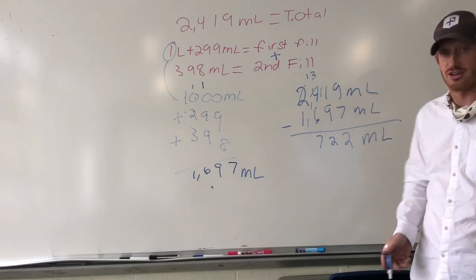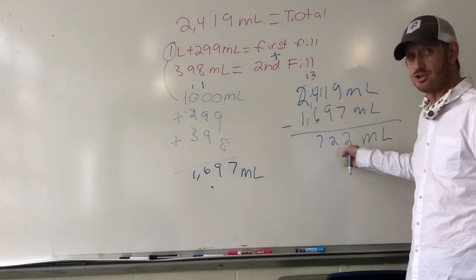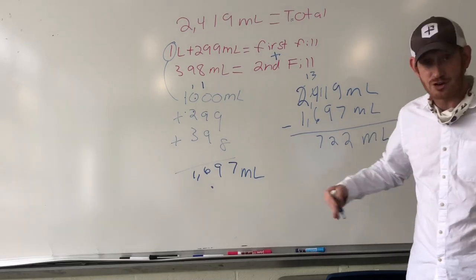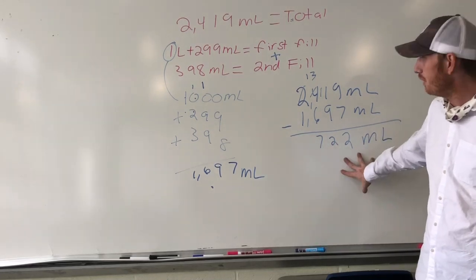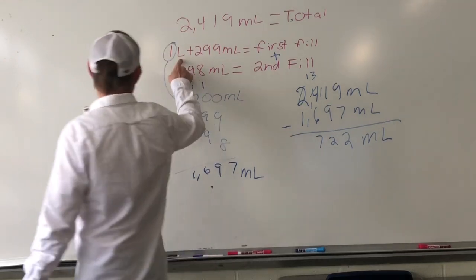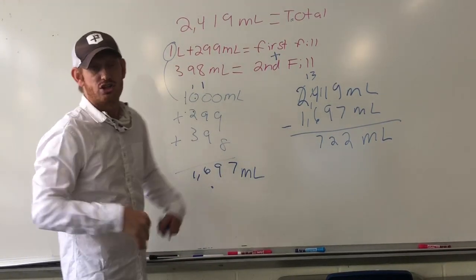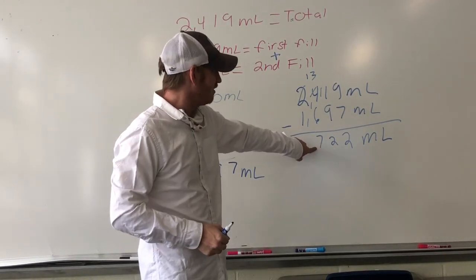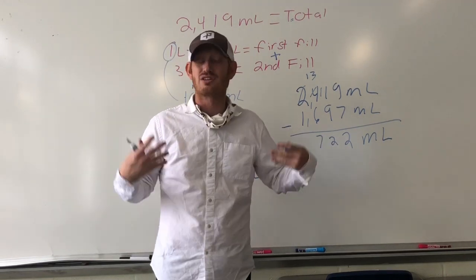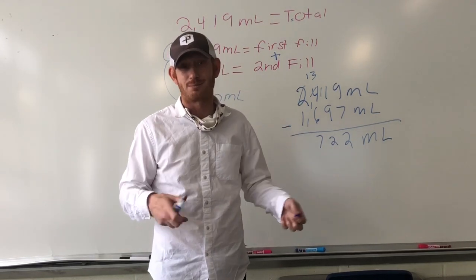Our final answer is 722 milliliters. And that's our final answer, because we don't have 1,000, so we're not going to convert it back into liters. So our vase has 722 milliliters of space remaining.